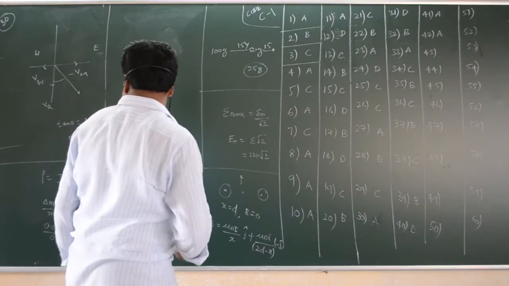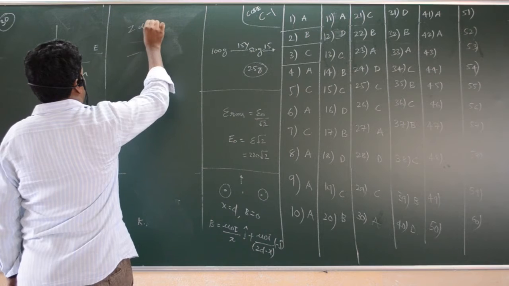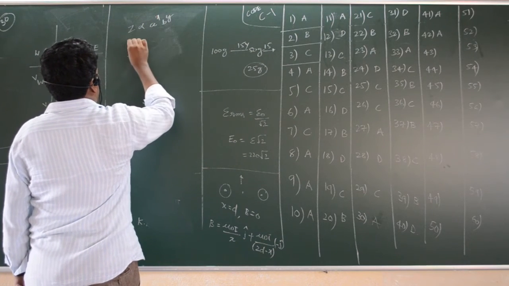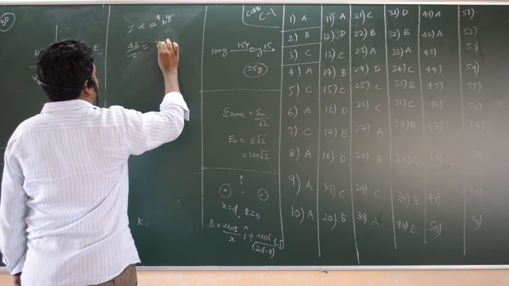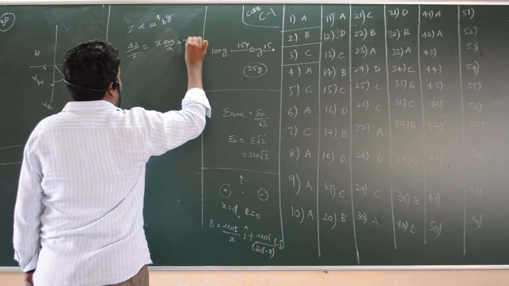So to find the total percentage error: if z is proportional to a power x, b power y, then delta z by z is equal to x into delta a by a plus y into delta b by b.